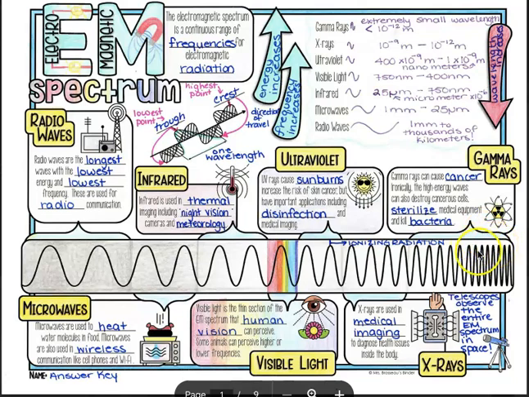This high energy can be beneficial, but it can also be bad for us. The other thing that happens is the frequency increases. The frequency is the number of wavelengths in a second. So you have low frequency here, and you have high frequency here.